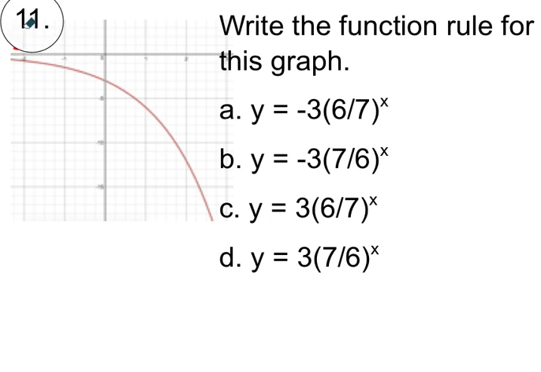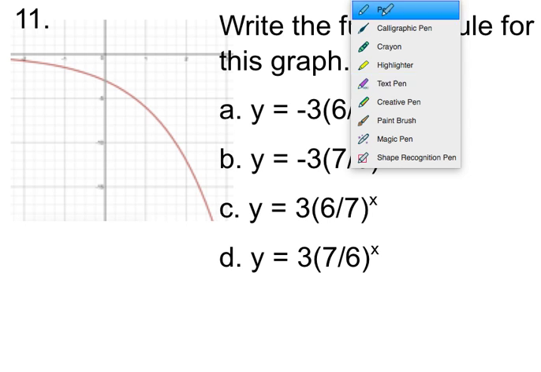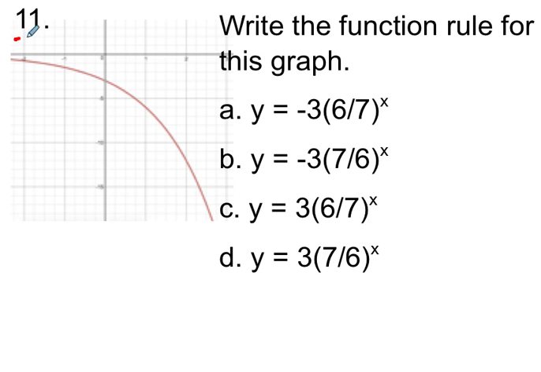Well, this graph here kind of has the look of a reverse growth, because it's kind of a mirror image of the growth. So what that means is that we've got a negative sign. Okay, we've got a negative sign in the front here.